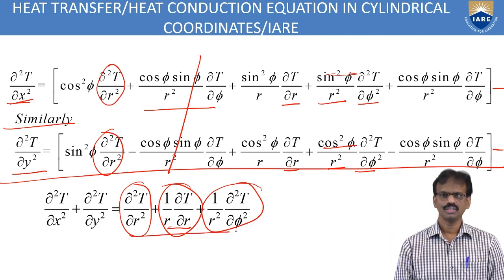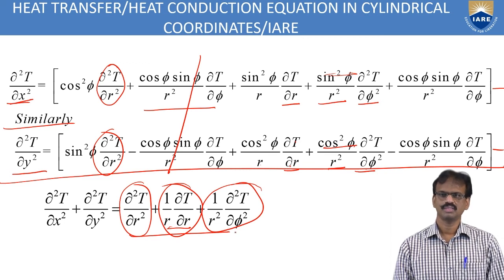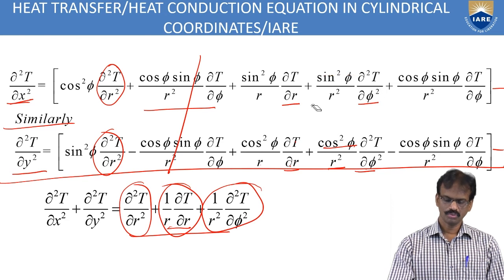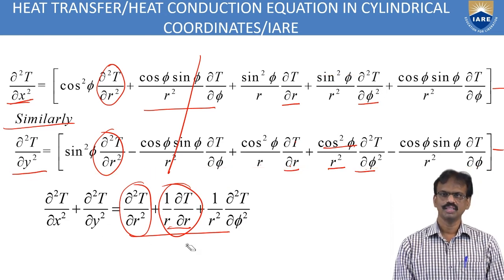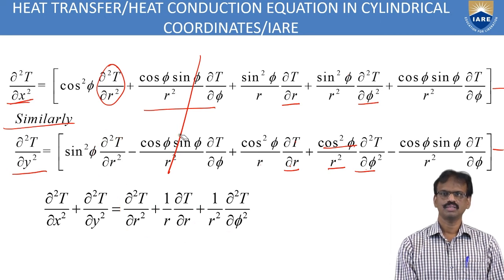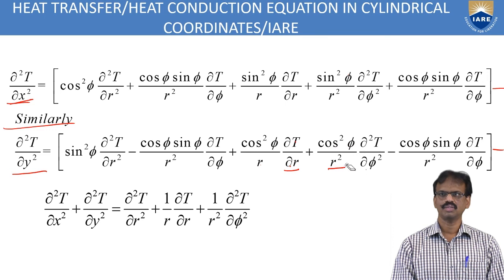You know that, according to the first equation, the general equation in Cartesian coordinate system, we substitute these values for ∂²T/∂x² plus ∂²T/∂y². Then we will get the final equation.